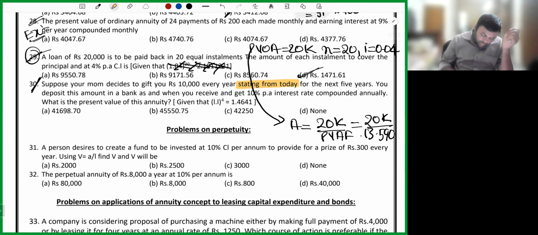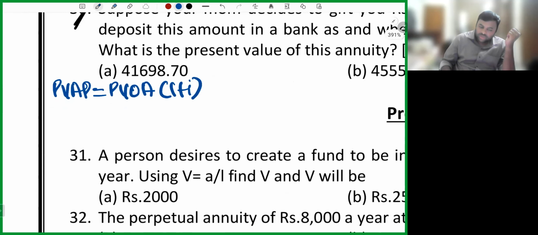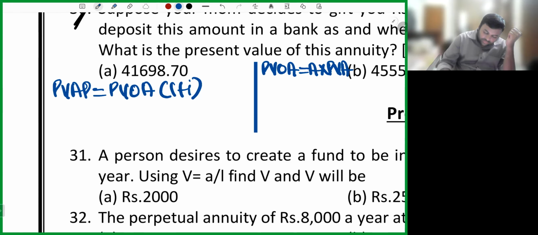We are supposed to compute present value of annuity due. How will you do present value of annuity due? Present value of ordinary annuity into 1 plus I. Do we have present value of ordinary annuity? Unfortunately, no. How will I calculate present value of ordinary annuity? I'll simply do A into present value annuity factor.